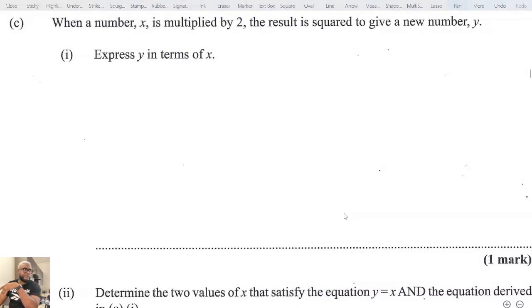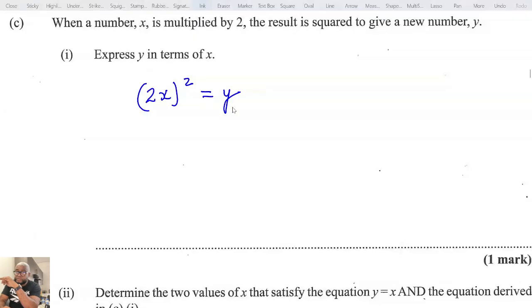So we're going slowly. When a number x is multiplied by 2, so if I take a number x and multiply by 2, x multiplied by 2 is the same as writing 2x. Then the result is squared to give a new number, which is y.